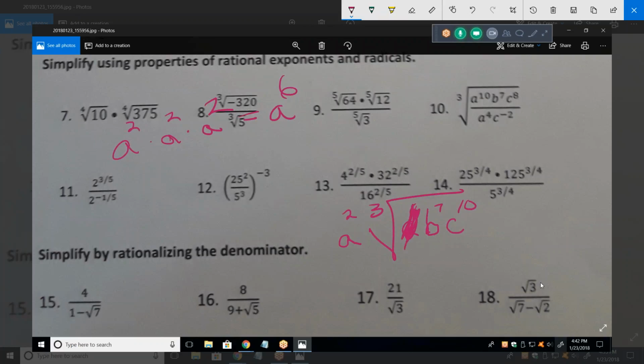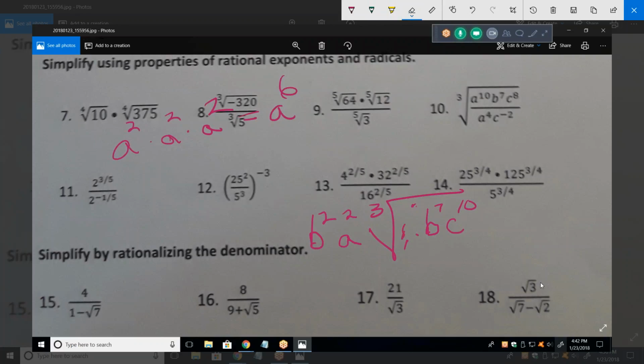Okay, now what does b become? What's the cube root of b to the 7th? B squared comes out. Okay. So there's just an inside. And what's left over? Just a b.